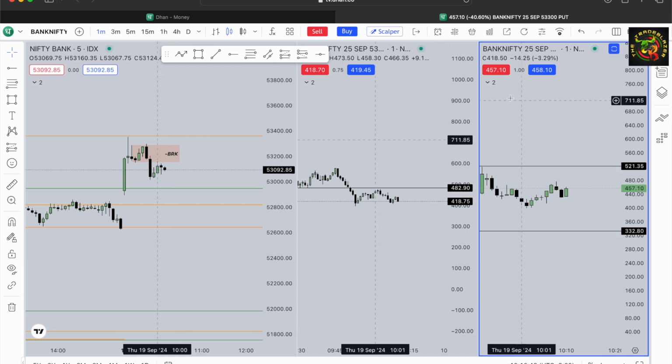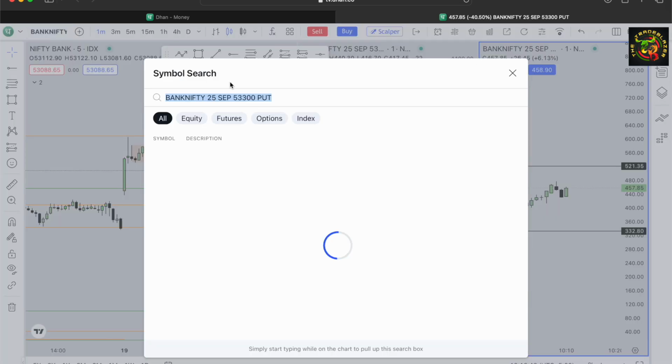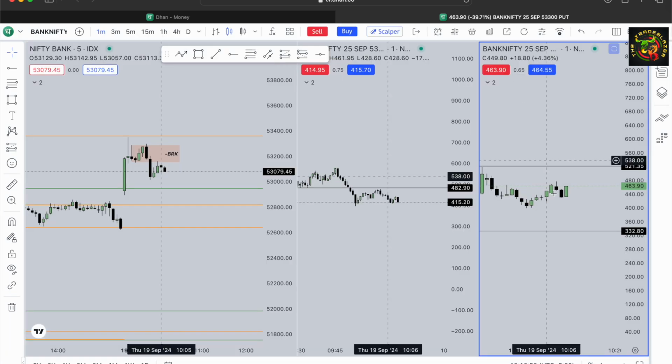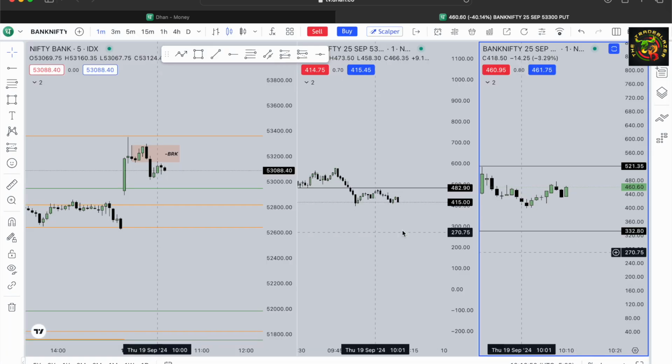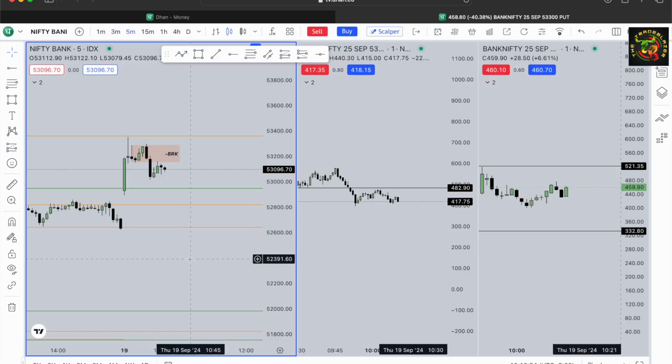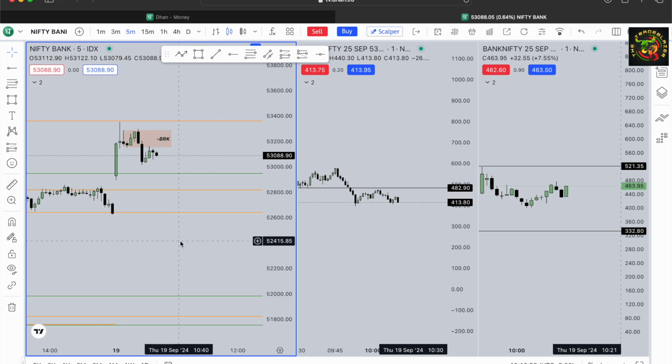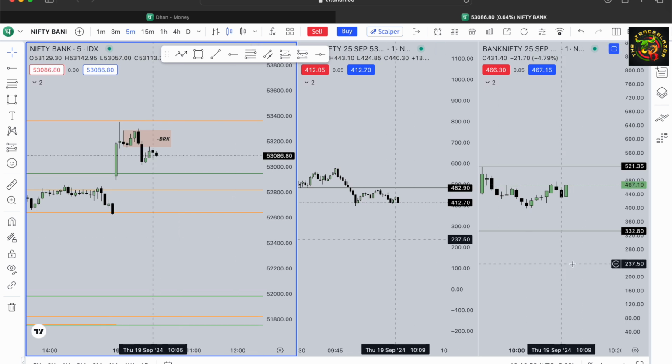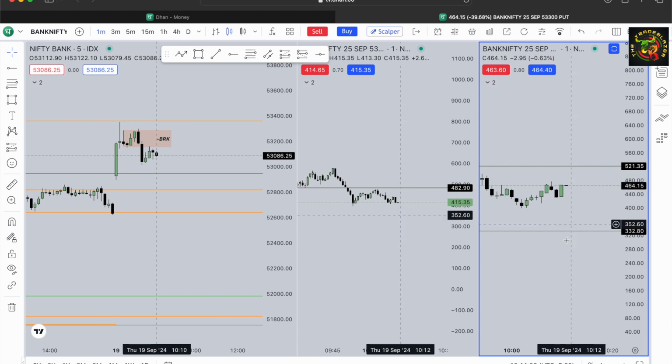Hello everyone. So I have just started my day a little late today. You can see that two good entries are already over. One entry towards the long side, and the other entry towards the downside. And then I'll try to buy a put here.